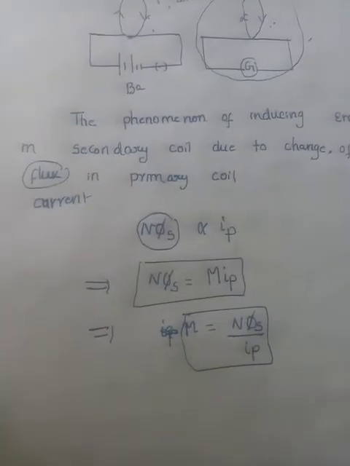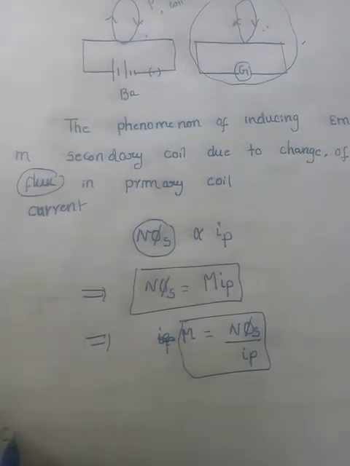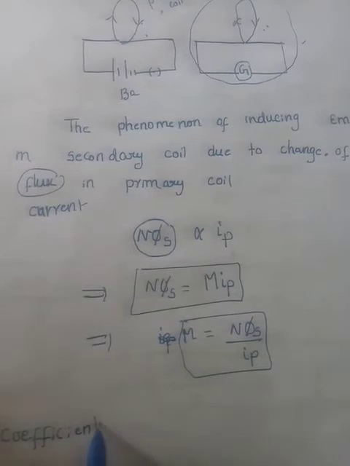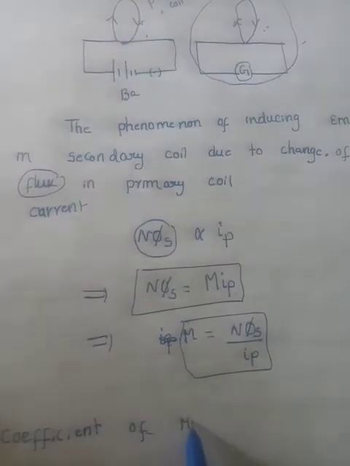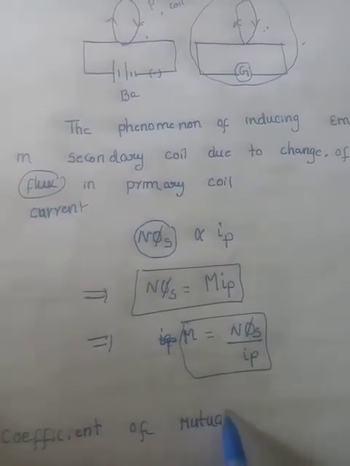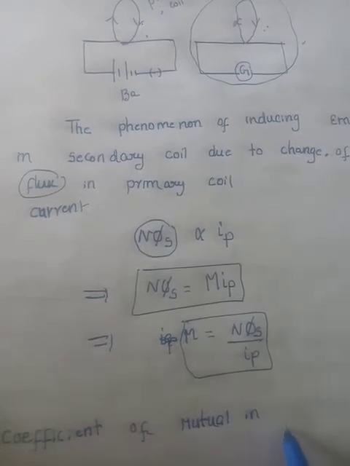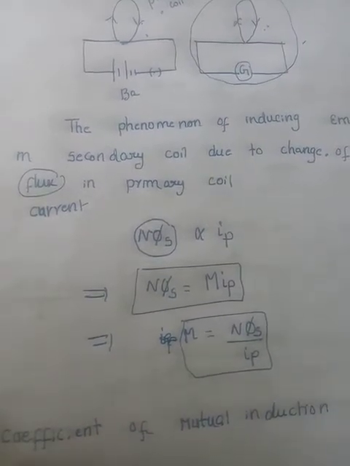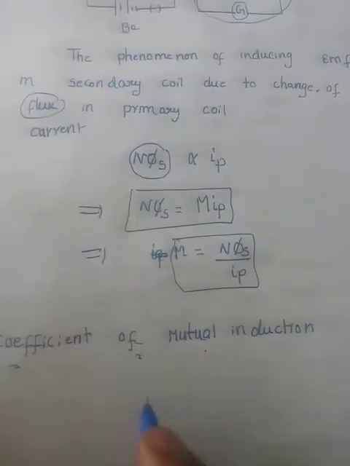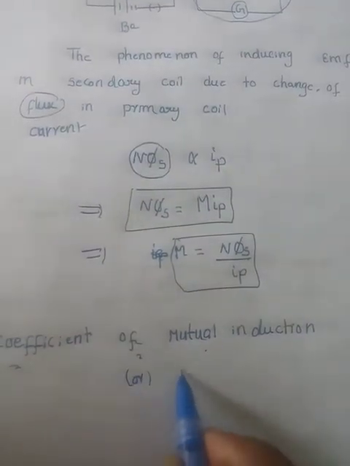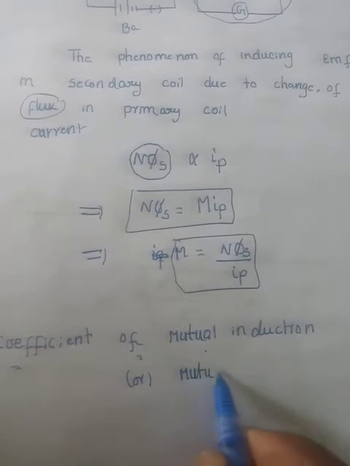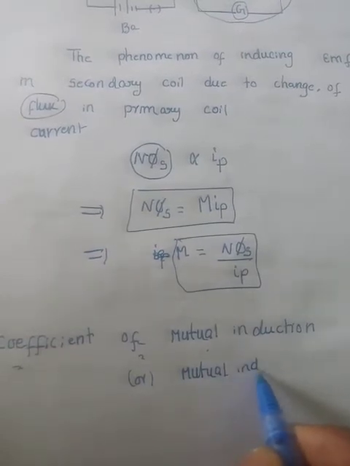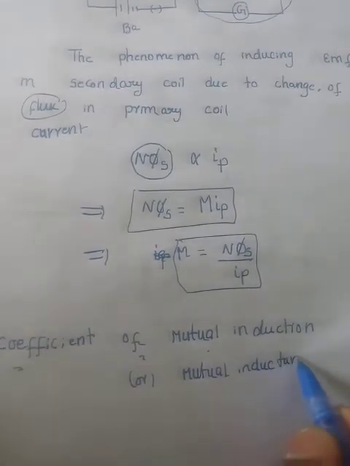So what is M? In a similar way as we defined self-induction, we are going to define mutual inductance. We can say the coefficient of mutual induction, or simply, mutual inductance.